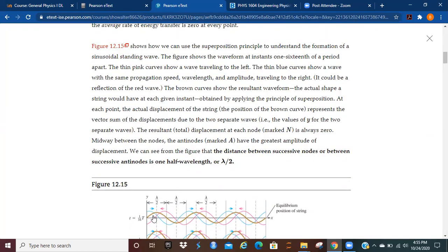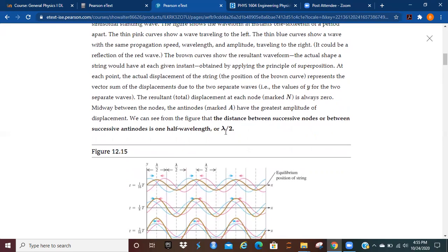The thick pink curves you see here show a wave traveling to the left. You can see the arrows there. The blue shows a wave with the same propagation speed traveling to the right. The brown curve shows the resultant waveform.